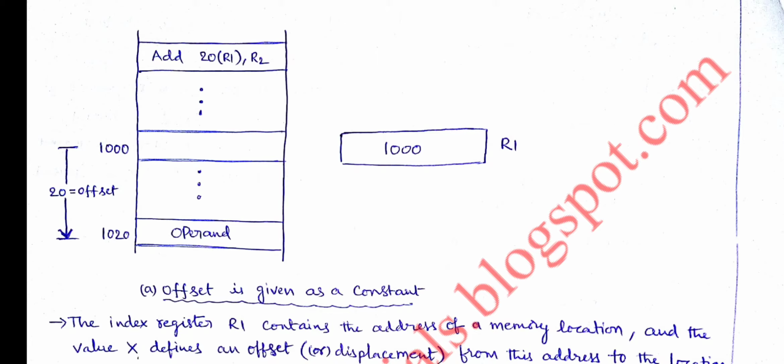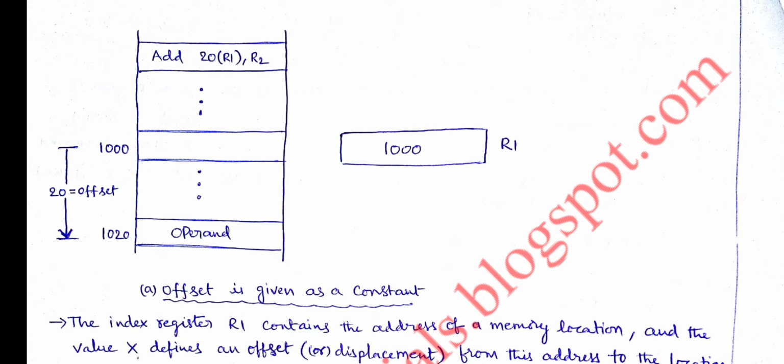Once again, please listen and watch carefully. Instruction Add 20(R1), R2. For getting the operand, you need to add the content of R1 plus the 20. R1 contains 1000, and the value of X here is 20.